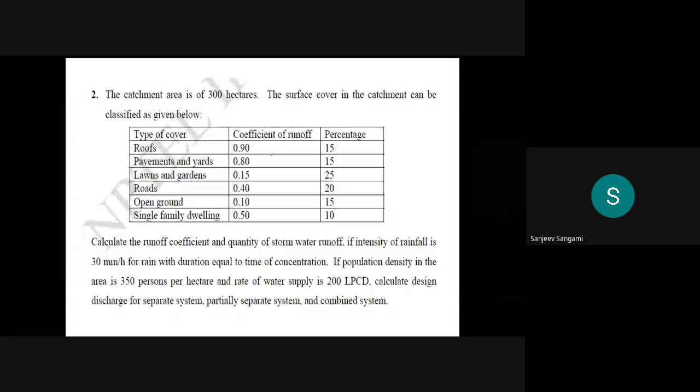You can observe from top to bottom the value of the runoff coefficient.